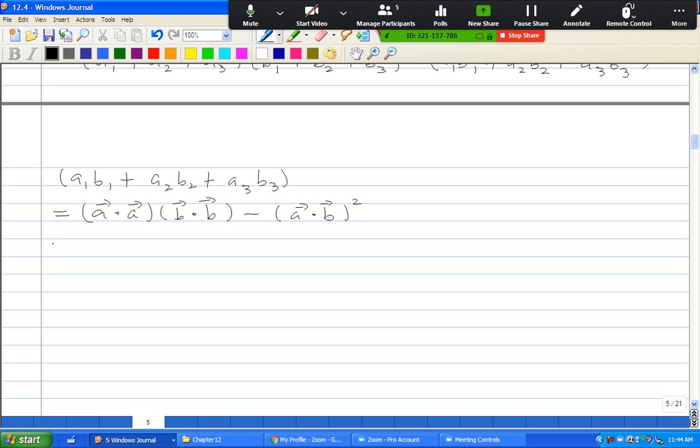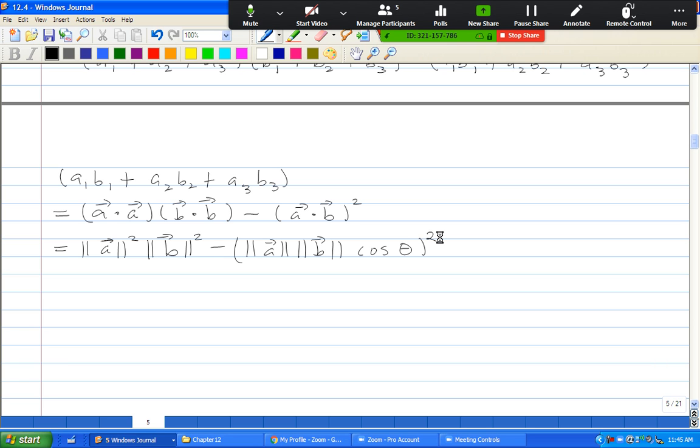Well, A dot A is just the norm of A squared. B dot B is just the norm of B squared. And A dot B, well, we know that that is just the norm of A times the norm of B times cosine of theta.